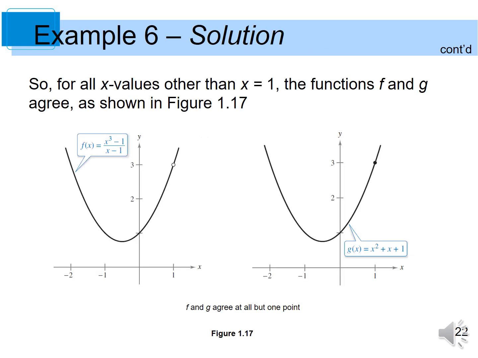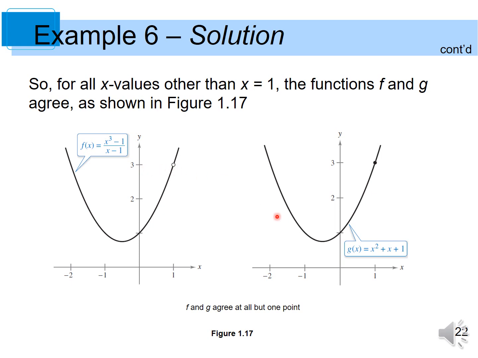So let's look at the graph of these two functions. The first graph is a rational function. It's the original function. For the rational function, you can see there's a gap at x equal to 1 and y equal to 3.